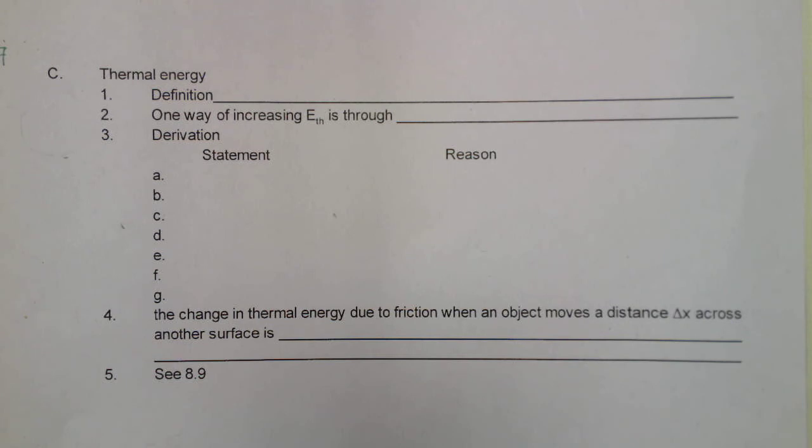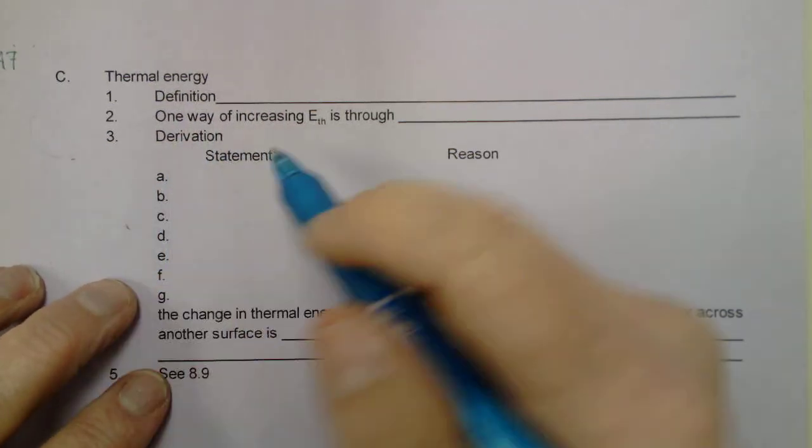We've done that with kinetic, gravitational potential, and elastic potential. Now, the last form of mechanical energy that we want to talk about is thermal energy, but it's going to be specifically thermal energy as it relates to friction. We've already talked about the definition of thermal energy, but let me just say it again. It is the sum of the random kinetic energy of the molecules and atoms in a system.